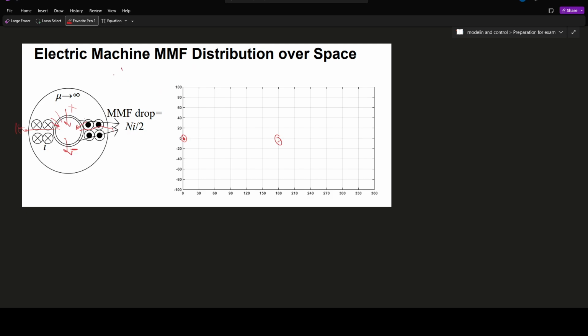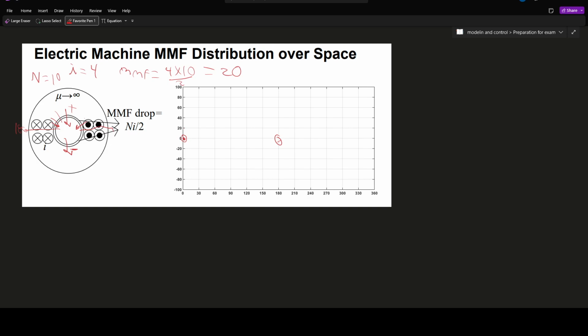And we know that MMF is Ni over 2, so let's say that we have an I of 4 amps, and we have 10 turns. So we have 4 amps, 10 turns over 2. This is gonna be 20.